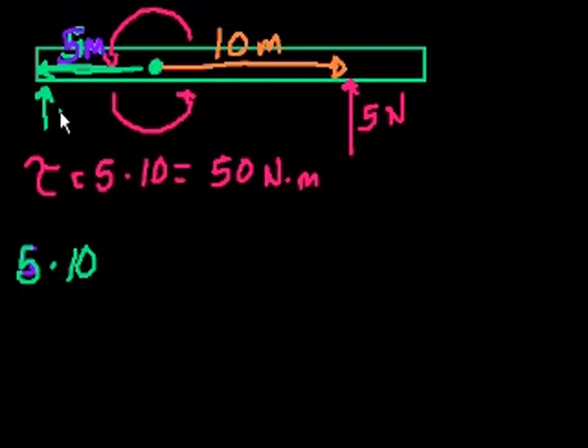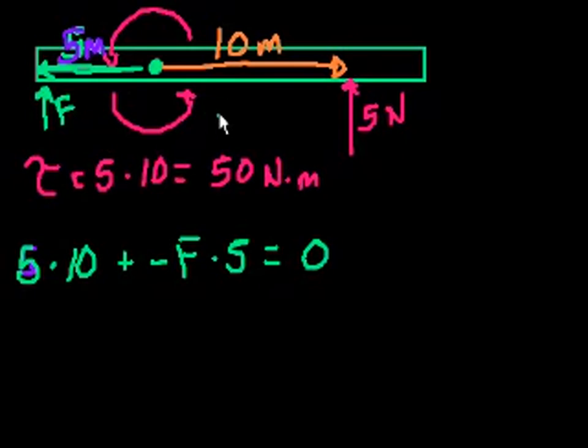Let's call this force F. This force is acting in the clockwise direction, right? It wants to make the ruler rotate this way. So this is actually going to be a negative torque. So put a negative number here, times F, times its moment arm distance, so times 5. And all of this has to equal 0.